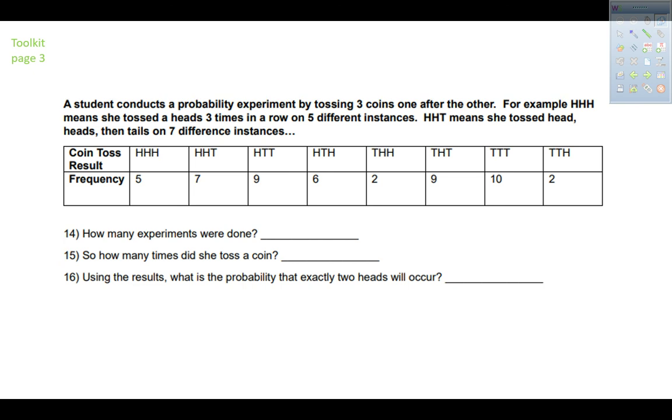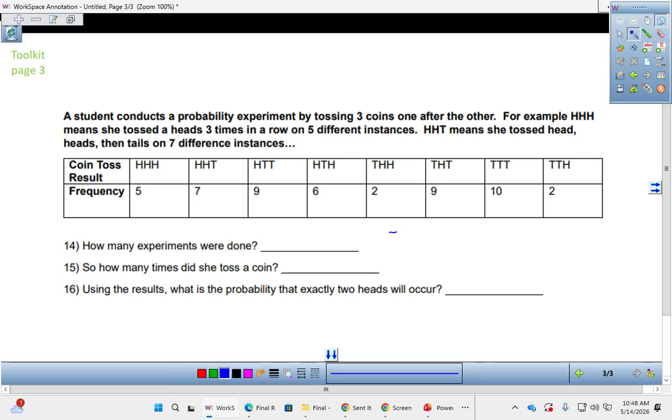It says, how many experiments were done? How do you think I could figure that out? Adam, right? So let's do 5 plus 7 plus 9 plus 6 plus 2 plus 9 plus 10 plus 2. 50? Thank you.